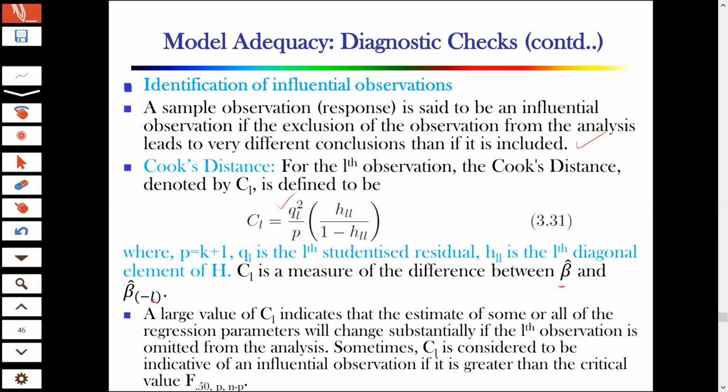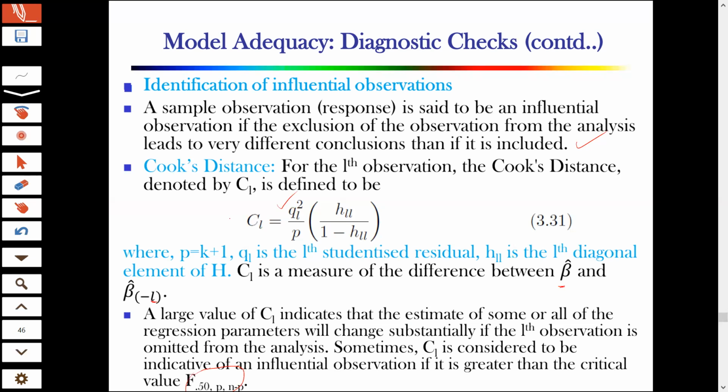A large value of CL indicates that the estimate of some or all of the regression parameters will change substantially if the Lth observation is omitted from the analysis. Sometimes CL is considered to be indicative of an influential observation if it is greater than F 0.5, P, N minus P.